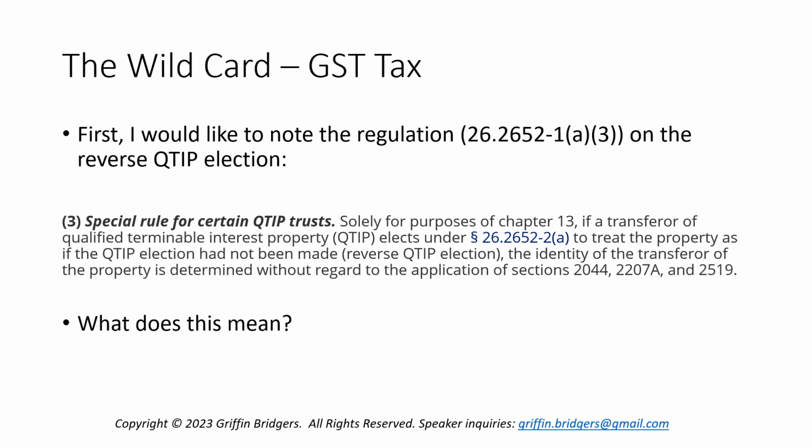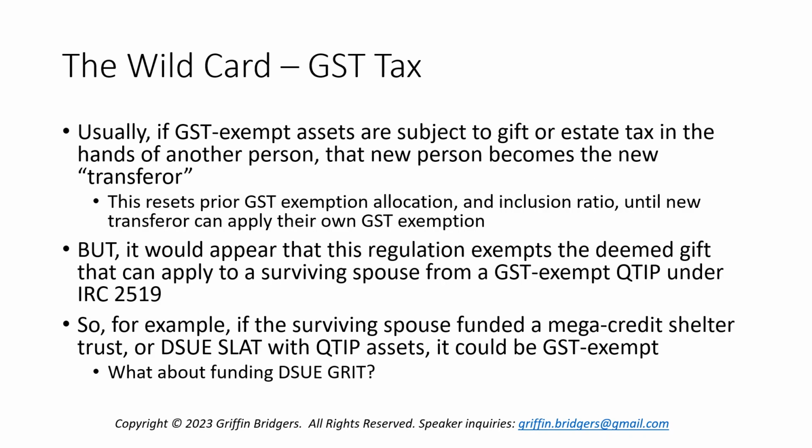But before we get started, I want to note this regulation that kicks in with respect to the reverse QTIP election. And it basically says that a QTIP trust that's been subject to that reverse QTIP election is going to keep the identity of the transferor without looking at sections 2044, 2207A, or 2519. What does that mean in the grand scheme of things? What it means is that, I alluded to this earlier, if GST-exempt assets are subject to gift or estate tax in the hands of another person, typically that means the new person becomes the new transferor.